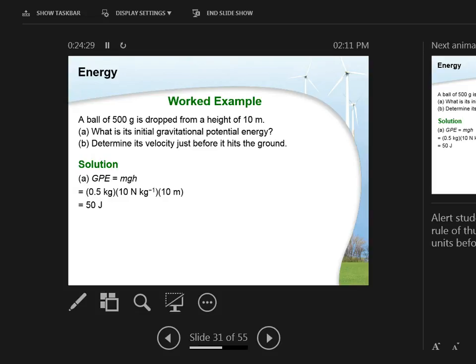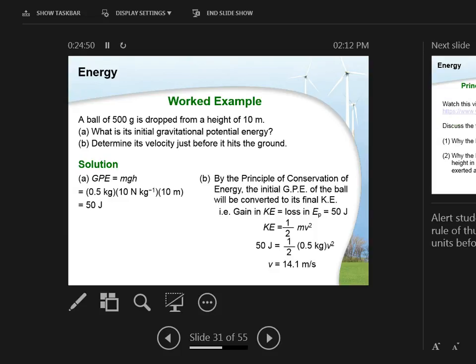Determine its velocity just before it hits the ground. How should we do this? Okay, think about it. How do we determine the velocity? Okay, KE. KE equals to half mv square. By principle of conservation of energy, the initial GPE is converted into final KE.